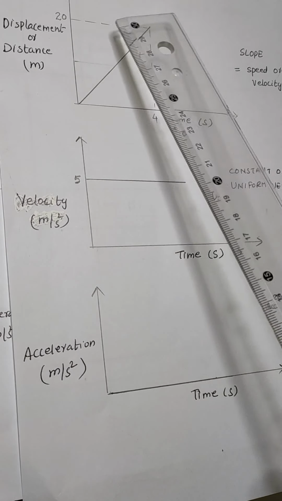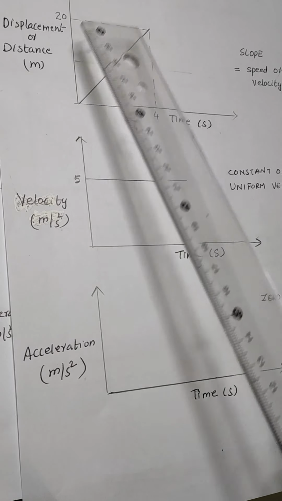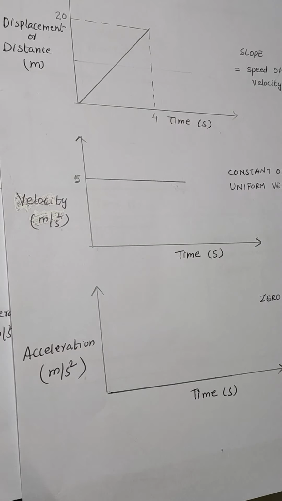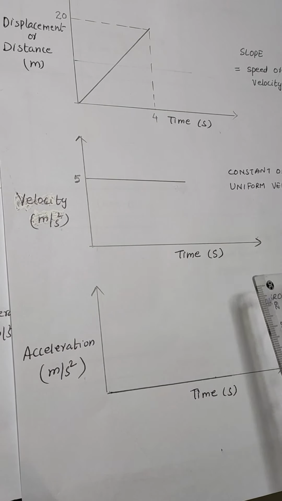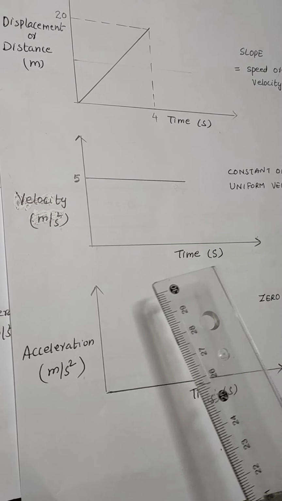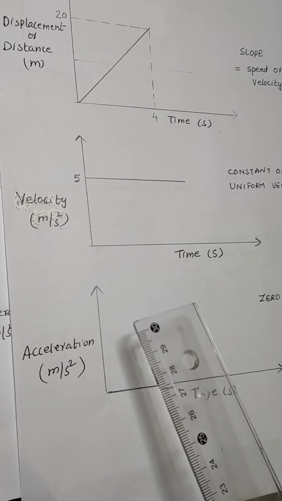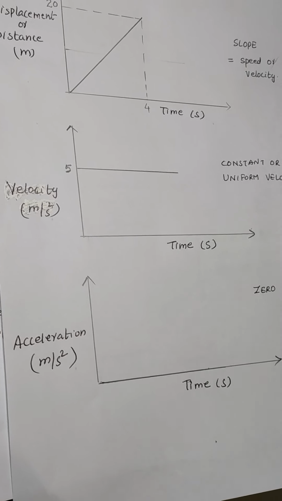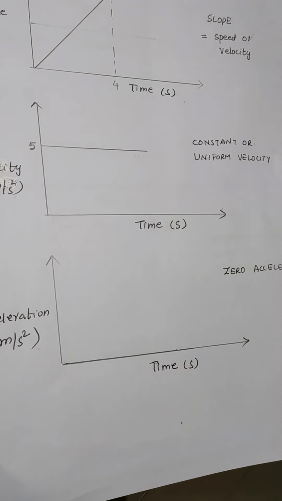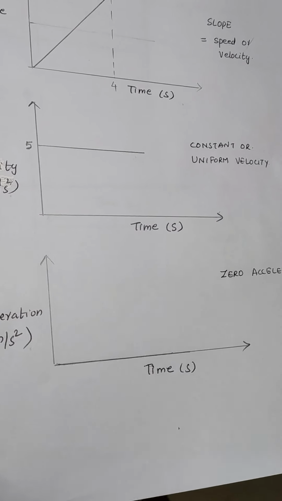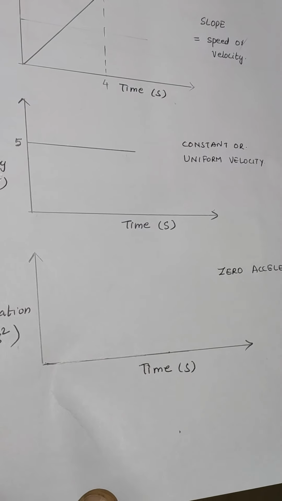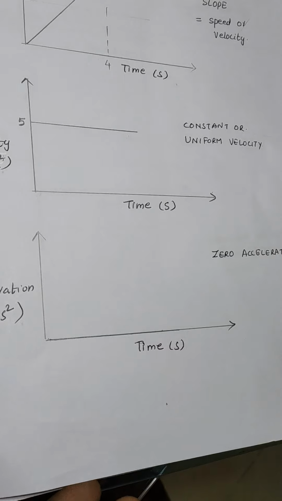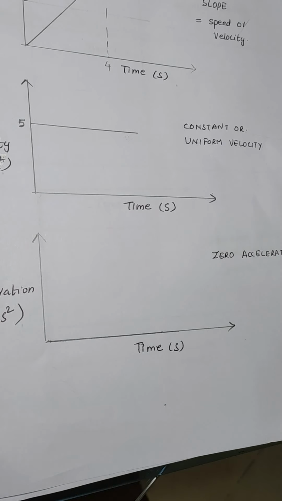Now, if you look at the gradient, the gradient is constant. Now, since the gradient is constant, it means the velocity is constant or uniform. Now, we know that whenever there is a uniform speed or uniform velocity, the acceleration is 0.